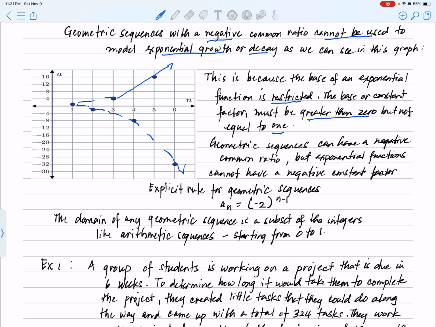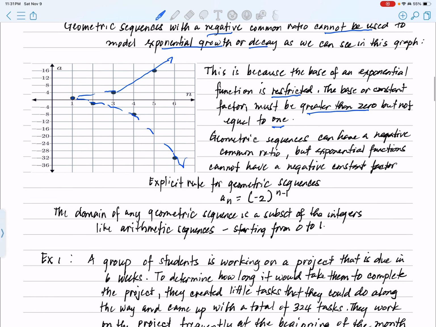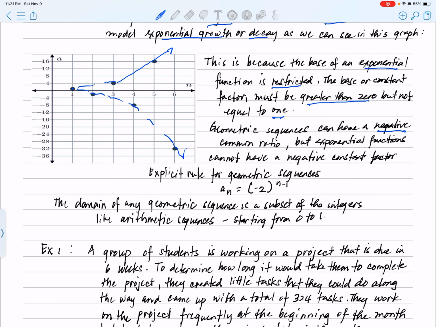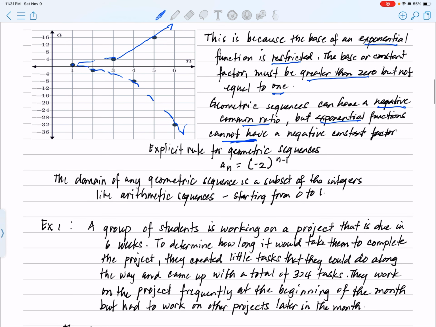Geometric sequences can have a negative common ratio, but an exponential function cannot have a negative constant factor. So for the explicit rule for geometric sequences, you can have a sub n equals -2, for the ratio, to the power of n minus 1.